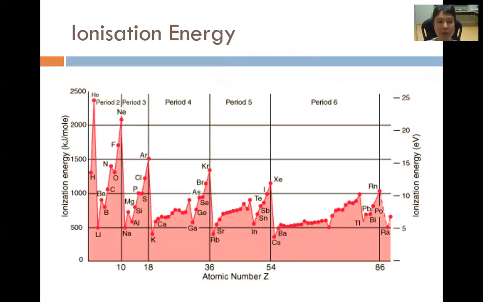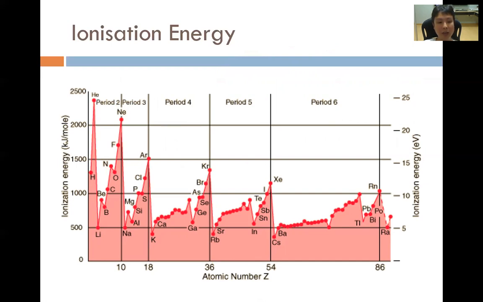This is a graph showing the ionization energy as a function of the atomic number, basically of the different elements. And we would like to note 2 things from this graph. Notice that in period 2, the ionization energy generally increases from lithium all the way to neon. And the ionization energy also generally increases from sodium to argon, with 2 anomalies.